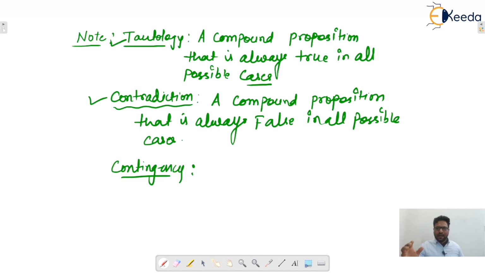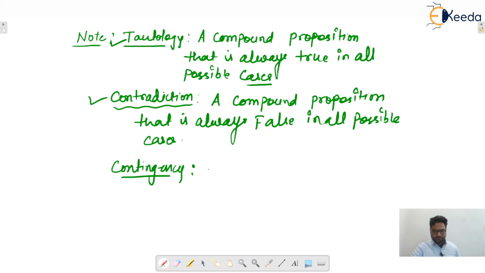Let's say after simplifying there is one expression P plus Q. We cannot simplify it further, which means its truth value depends on the truth values of P and Q. Depending on those values, sometimes it can be true, sometimes false. So that is known as contingency.